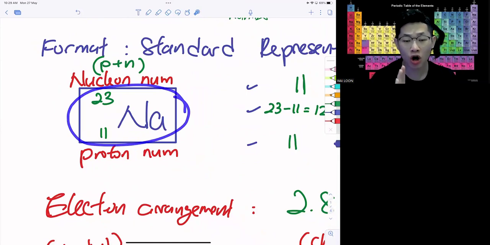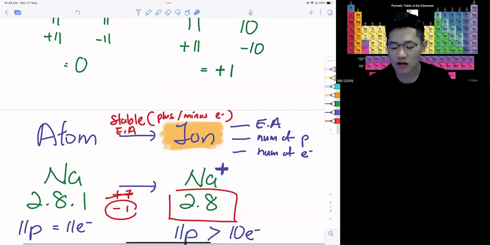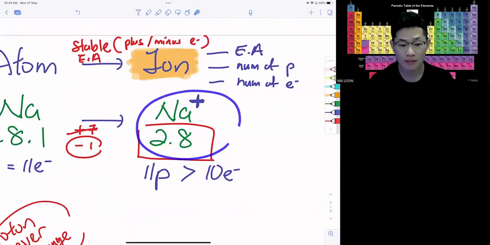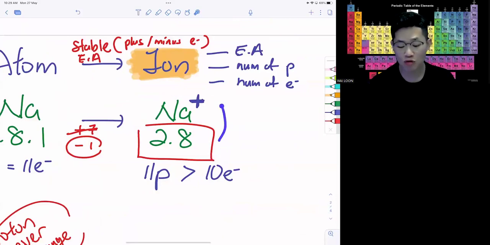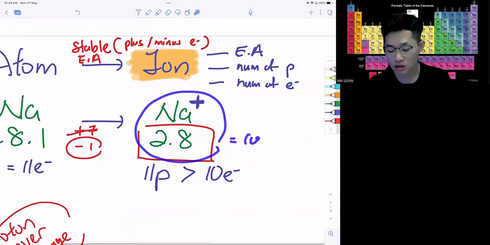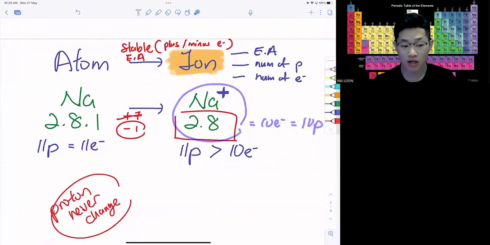So when you say ion, you do write 2, 8, 1, please. Or sometimes they will give you the electron arrangement of Na plus, which is 2, 8, and then they ask you there are how many proton. Students very often do mistakes like, oh, this one is 10 electron, 10 electron is same as proton. Then your answer will be wrong.